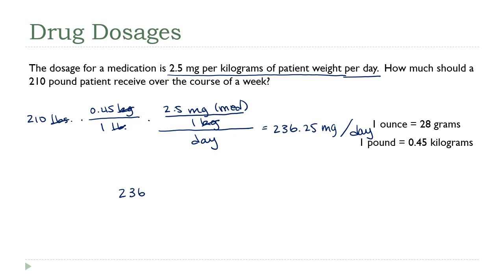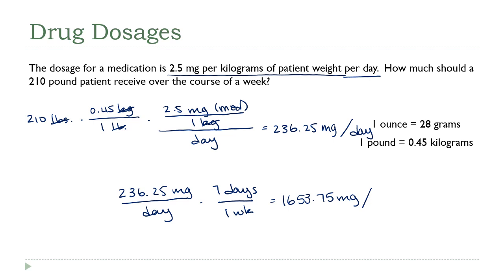I'm going to take 236.25 milligrams per day, multiply that by 7 days per week, and we get 1,653.75 milligrams per week, which is exactly what the question asked for.